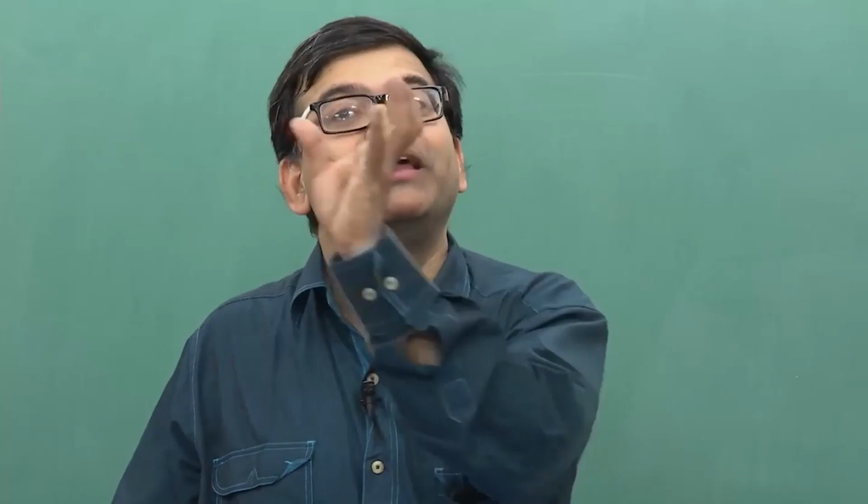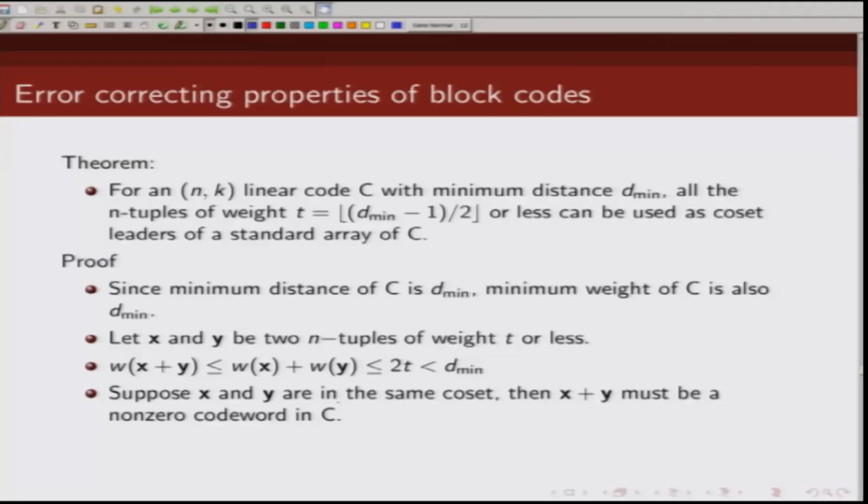Now, let us assume that these x and y, which are error patterns of weight t or less, are not coset leaders. So, if they are not coset leaders, let us assume they are in the same coset, in the same row. So, if we assume x and y are in the same row or same coset, then x plus y must be a code word. Why is this so? If you recall your standard array, we had something like this. First row, first column was the all 0 vector, and then we had other code words, and then we had an error pattern, let us say E2.